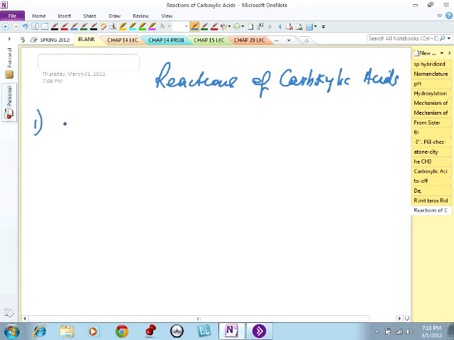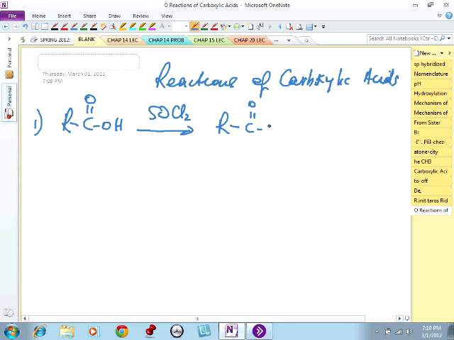Well, if you take a carboxylic acid, you could react it with thionyl chloride, you get an acid chloride. Okay, carboxylic acid reacts with thionyl chloride to give acid chloride.